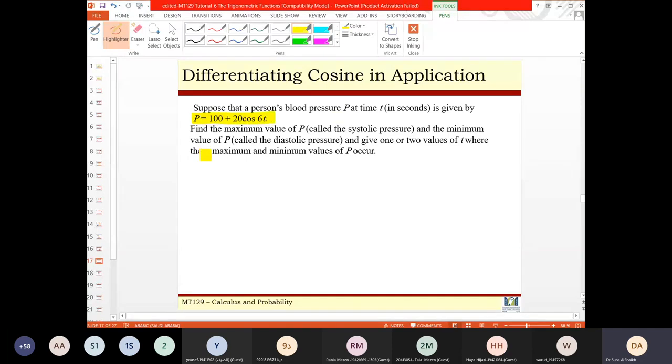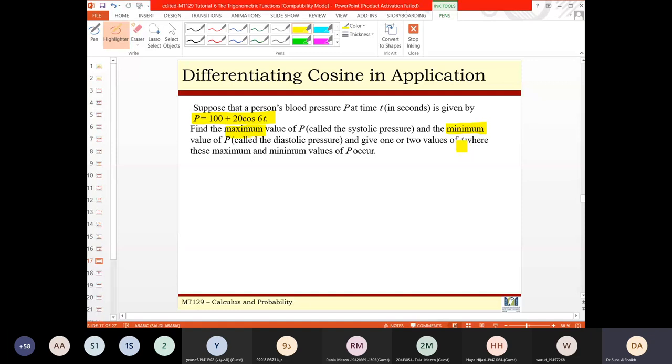Do you see the formula? The formula has the cosine. It's 100 plus 20 cosine 6t. It's pressure, blood pressure, measured over time. Find me the maximum value of P and the minimum value of P.